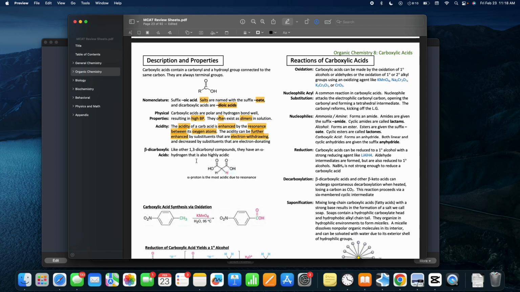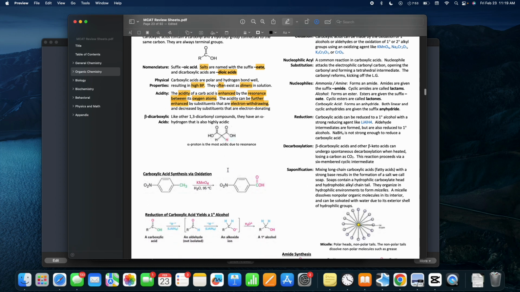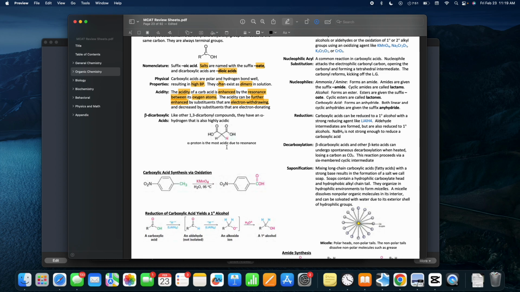The beta dicarboxylic acids, like other 1,3 dicarbonyl compounds, have an alpha hydrogen that is also highly acidic. There's hydrogen attached to the carbon next to the carbonyl, and the alpha proton is the most acidic due to resonance.